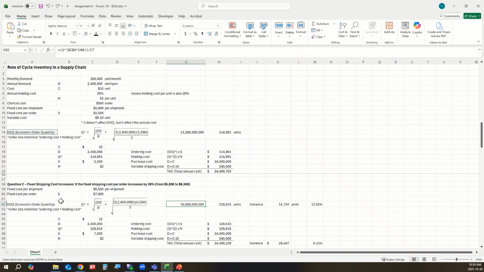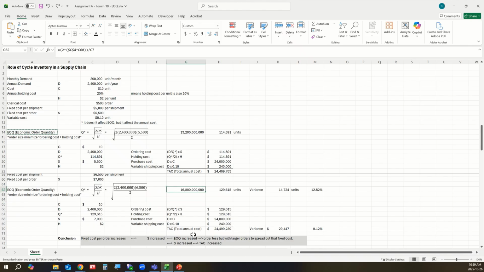So the fixed cost changed to 7,000, and the fixed cost is in the numerator of the order quantity. So when the fixed cost increases, the order quantity will increase, and why? When the fixed cost increases, we tend to order less often, but we need to order a larger amount, so we can spread out the fixed cost.